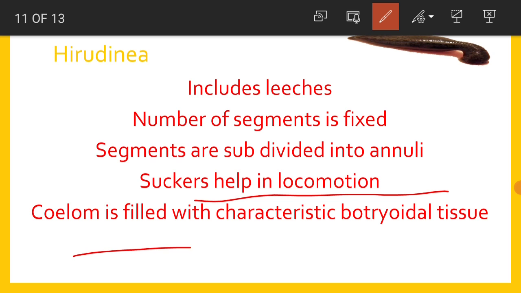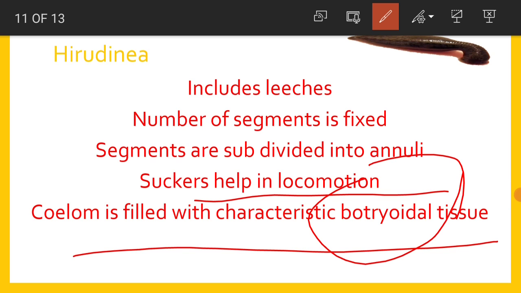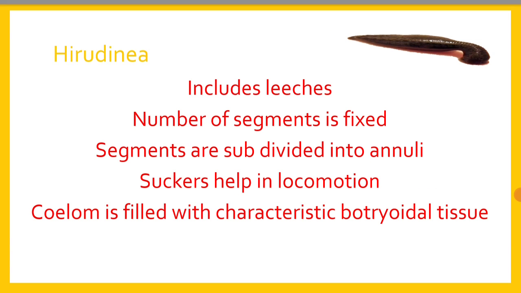And coelom is filled up with characteristic botryoidal tissue. This is the speciality of this class called Hirudinea. So in leech, the coelom is obliterated by botryoidal tissue.